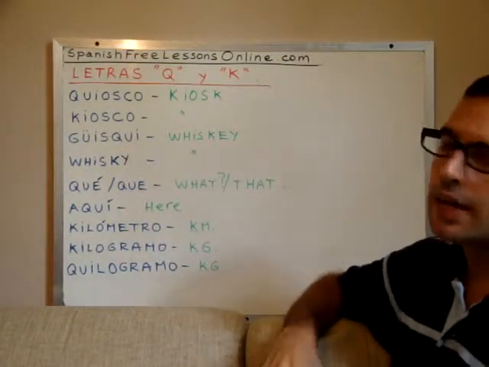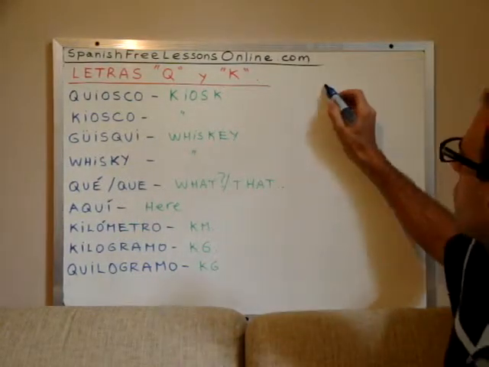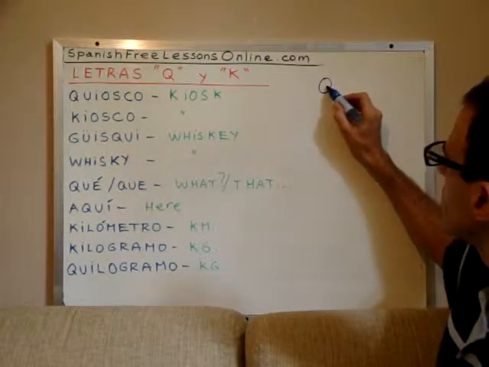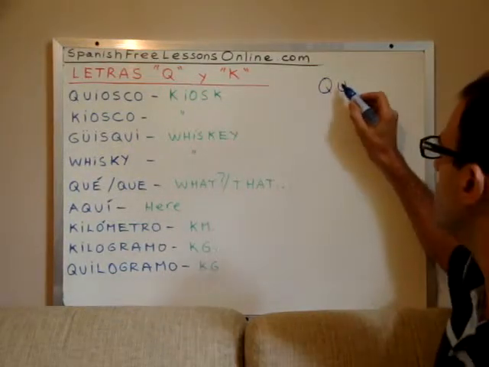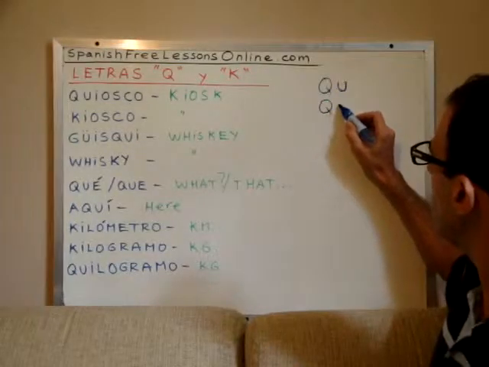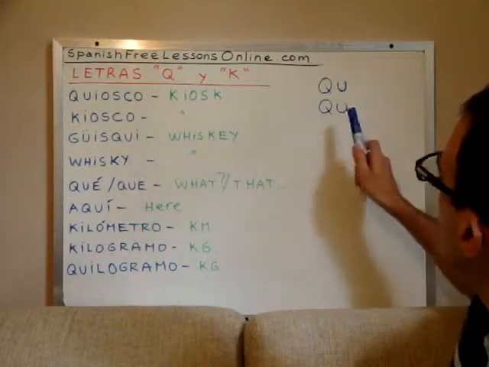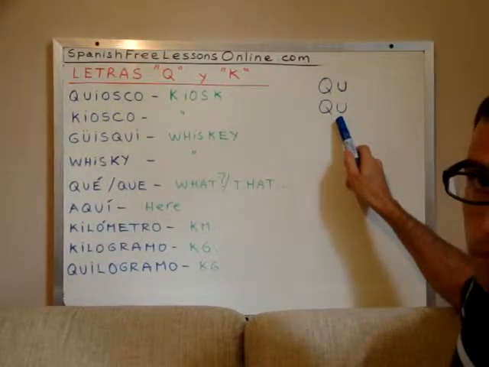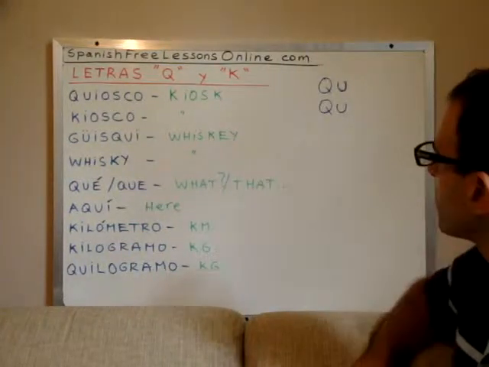First, let me tell you that letter Q in Spanish is always followed by the muted letter U, okay? Always. You never have letter Q in Spanish unless it's followed by letter U. And this letter U is always mute.